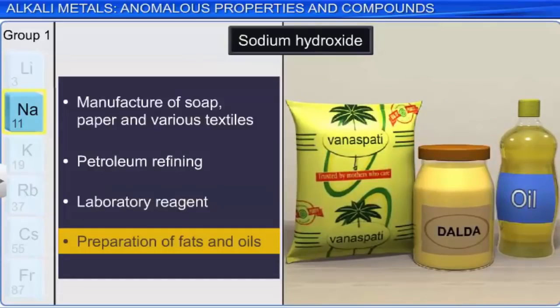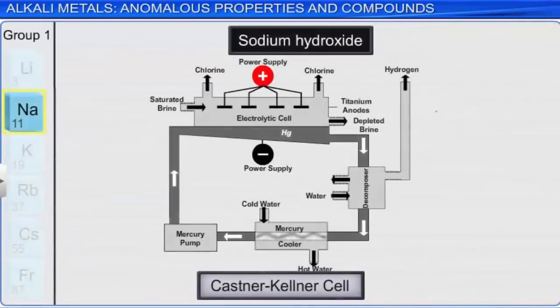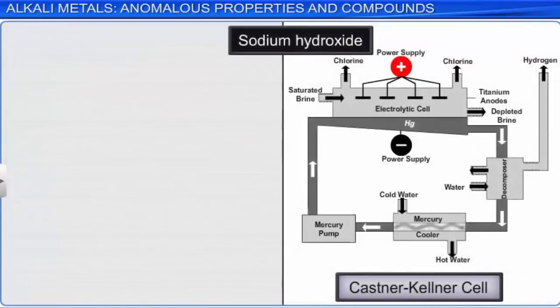Sodium hydroxide can be prepared by the electrolysis of brine solutions, that is, sodium chloride solutions, in the mercury cell. A schematic diagram of this electrolytic cell is shown here. Recall that the cathode is where reduction occurs in an electrochemical cell.